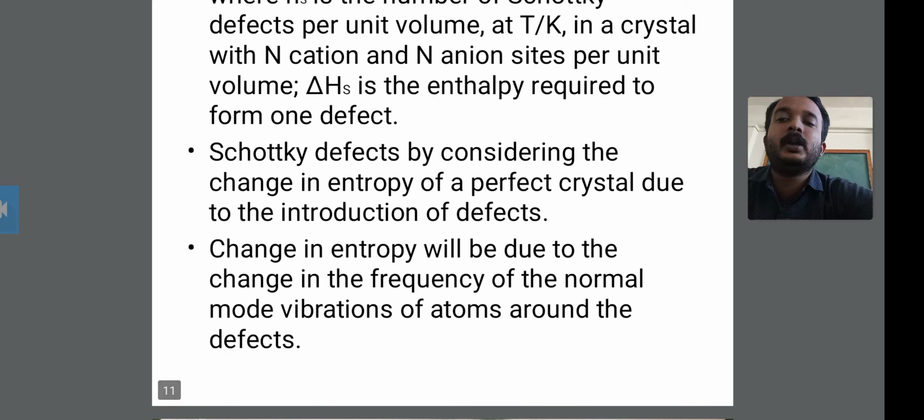This sentence says that the Schottky defect is considered through the change in entropy of the perfect crystal due to the introduction of defects. Therefore the change in entropy of the perfect crystal is what accounts for the Schottky defects.